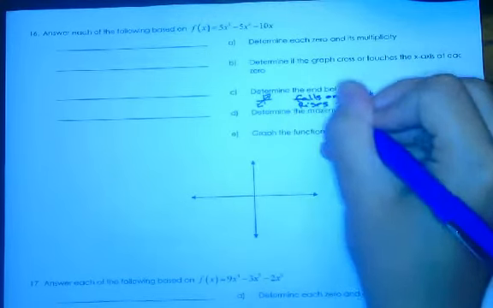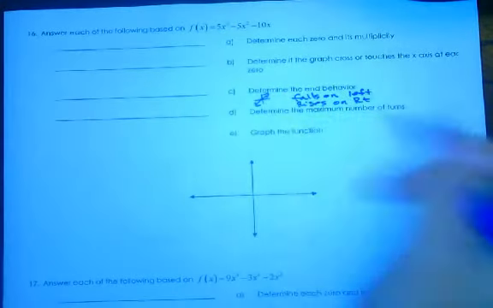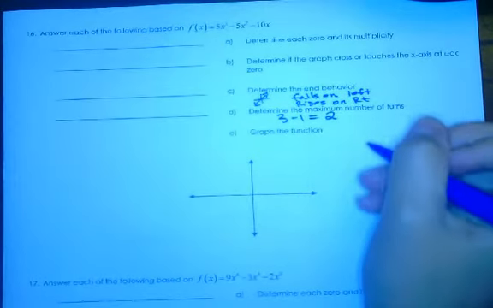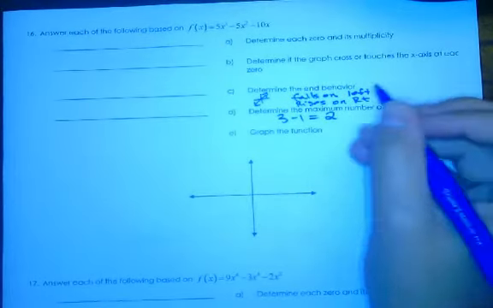So I know that's what's going to be happening there. And then determine the maximum number of turns. Remember, your number of turns is the degree minus 1. So 3 minus 1 is 2. So I'm expecting this to have 2 bends or turns. It's going to be falling on the left and rising on the right.